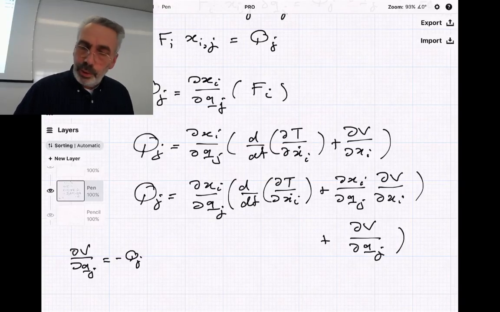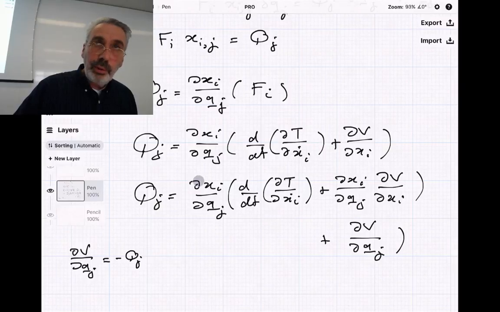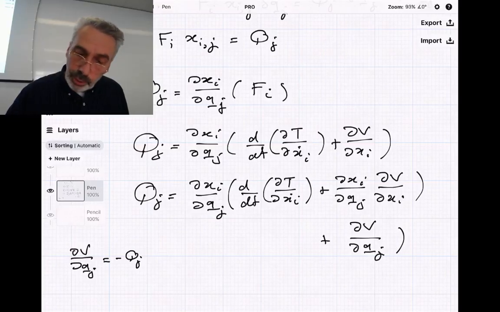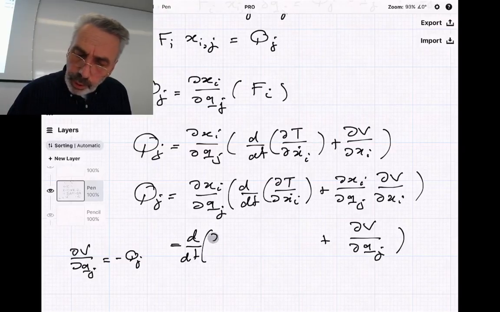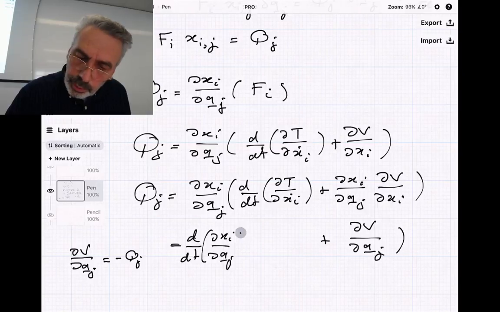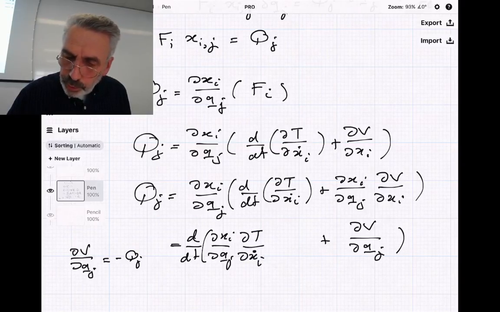Now this first part is a bit tricky, because I want to put this differential within the differential sign here. So I'm going to do that. So I put d/dt. Then I have this differential here, and then times this one. It's almost there. There's a dot here which is not there.